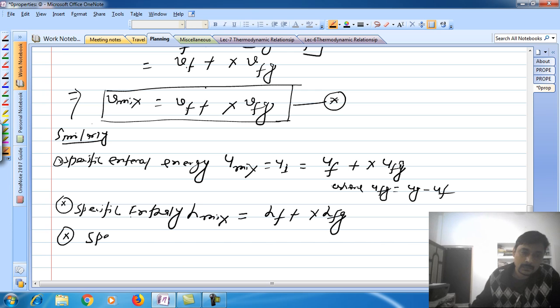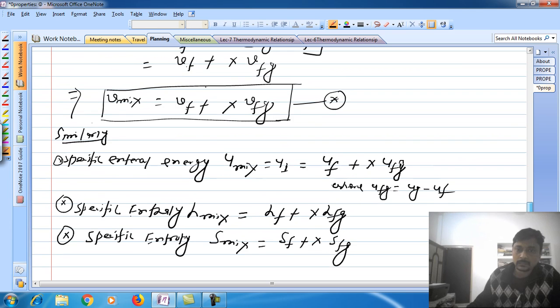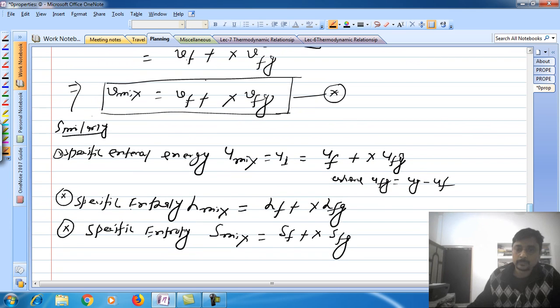Similarly, the specific entropy, this is s mixture, will be sf plus x sfg. So this is all about the properties of the substances at point 1.